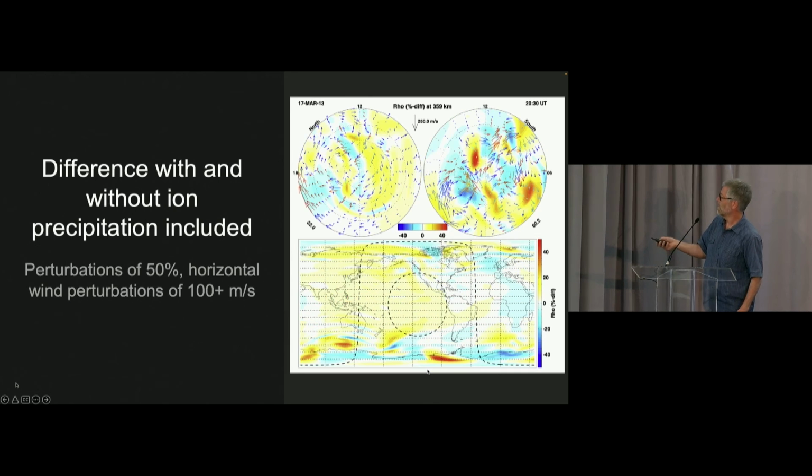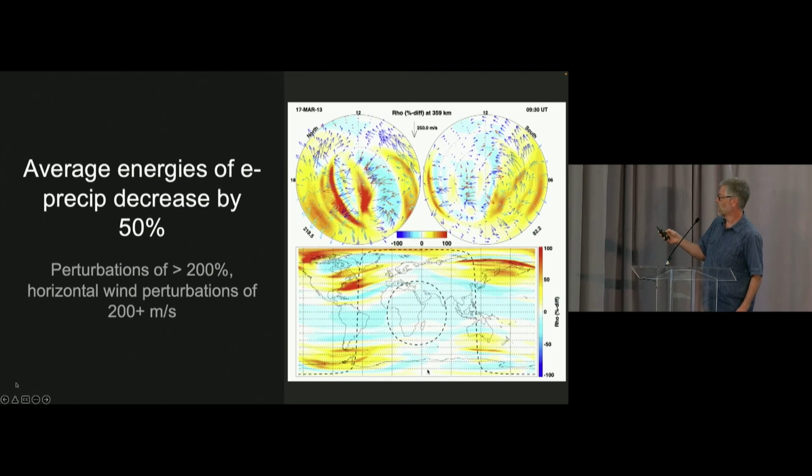And the winds can actually be on the order of 250 meters per second off in these regions also. This is 360 kilometers altitude, coincidentally the GDC altitude.